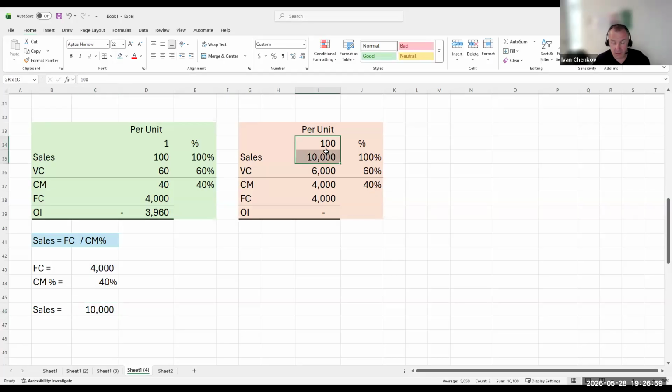So let's forget this calculation and let's plug the numbers in ourselves.